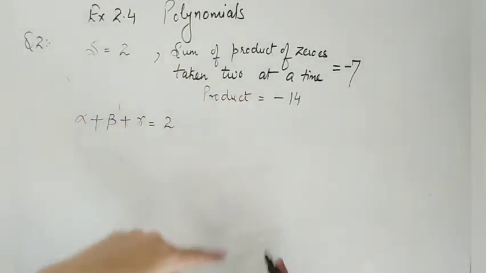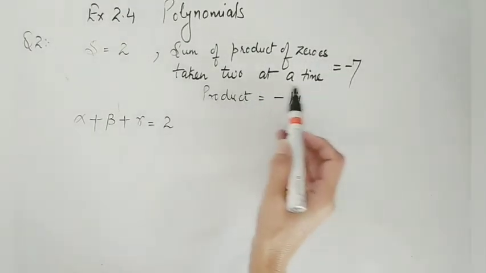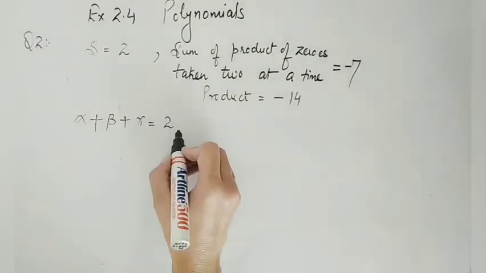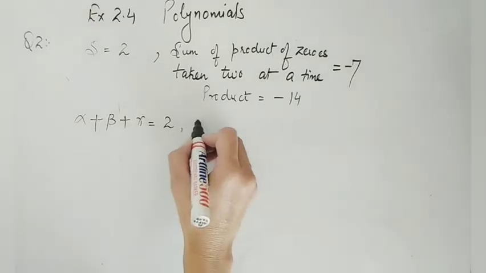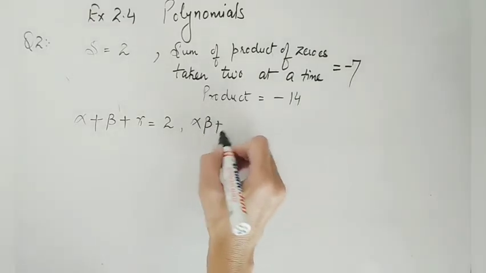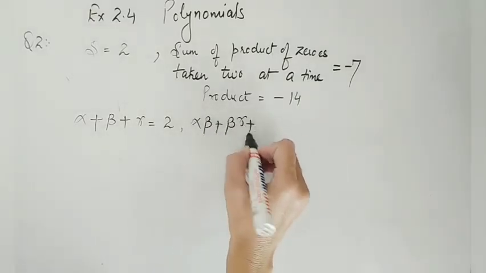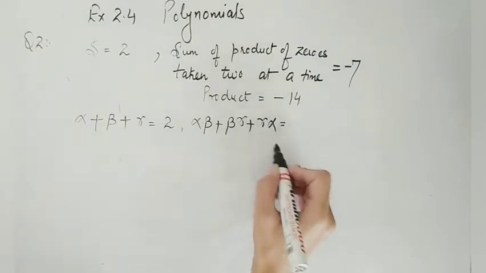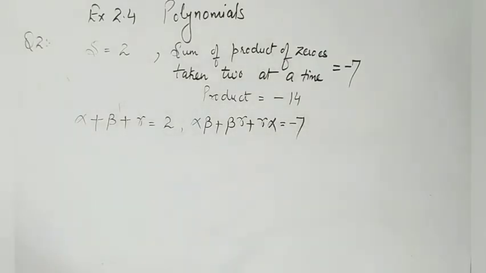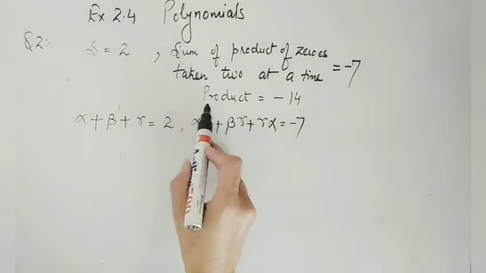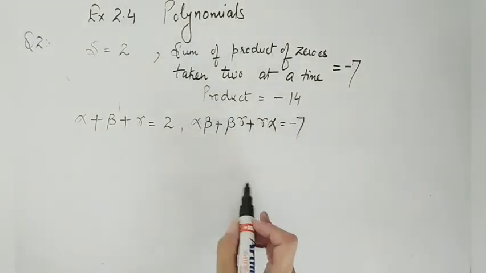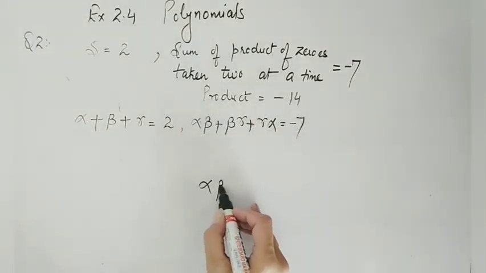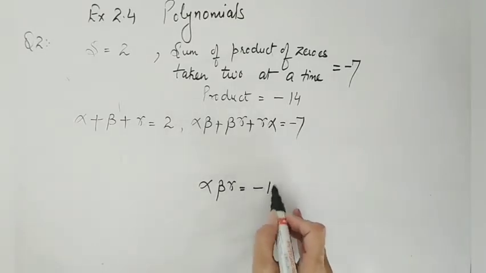Sum of product of zeros taken two at a time: here they are talking about alpha beta plus beta gamma plus gamma alpha. This is -7. Product of all three, alpha beta gamma, is -14.